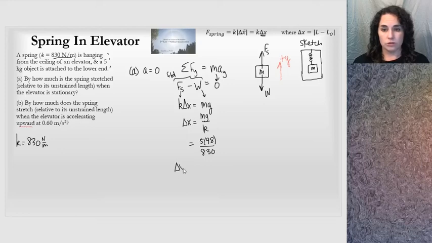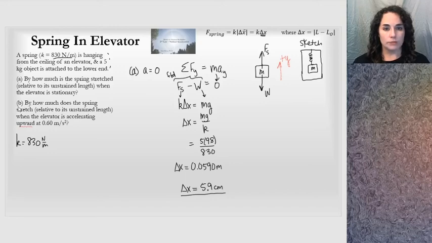So when you run this through your calculator, you get the displacement to be 0.0590 meters. Or depending on where you're giving your answer, it could be 5.9 centimeters. So that's how far that spring gets stretched out if the mass is just put on it.